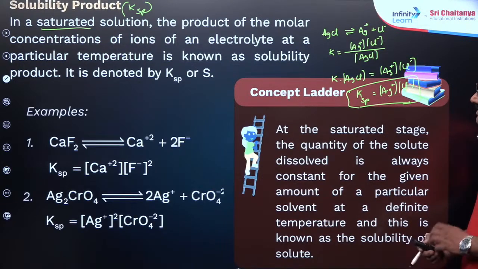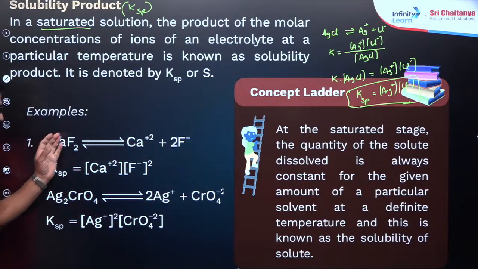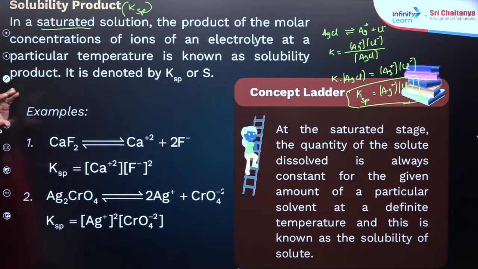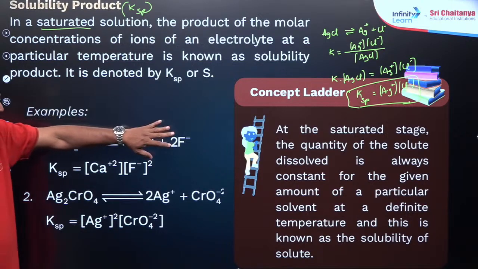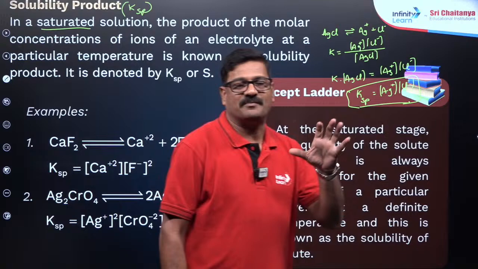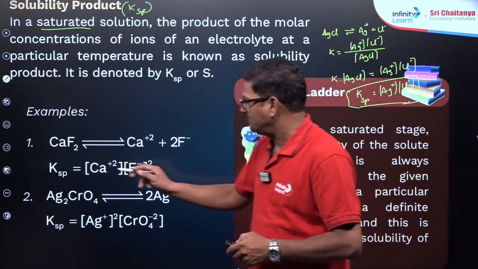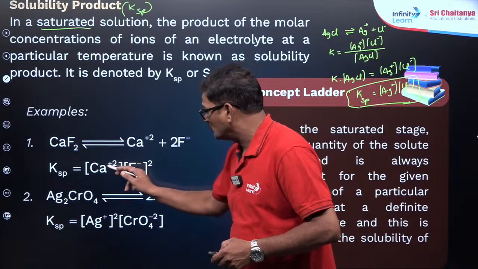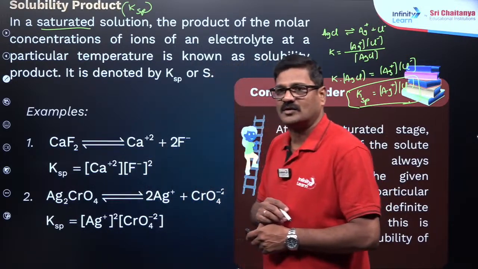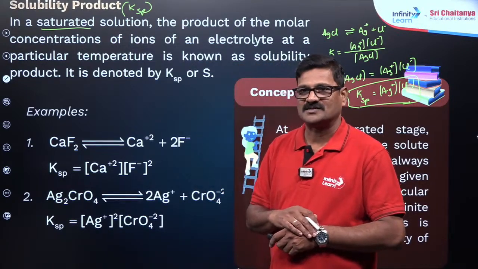For example, calcium fluoride reversibly gives rise to calcium 2 plus and 2F minus. जब अनडिजॉल्व्ड सॉल्ट है, ये डिजॉल्व्ड स्टेट में है, इन दोनों के बीच में इक्विलिब्रियम एस्टैब्लिश होगा. Ksp आएगा कैल्शियम 2 प्लस का मोलार कॉन्सेंट्रेशन, फ्लोराइड आयन का मोलार कॉन्सेंट्रेशन, इसका स्क्वायर.